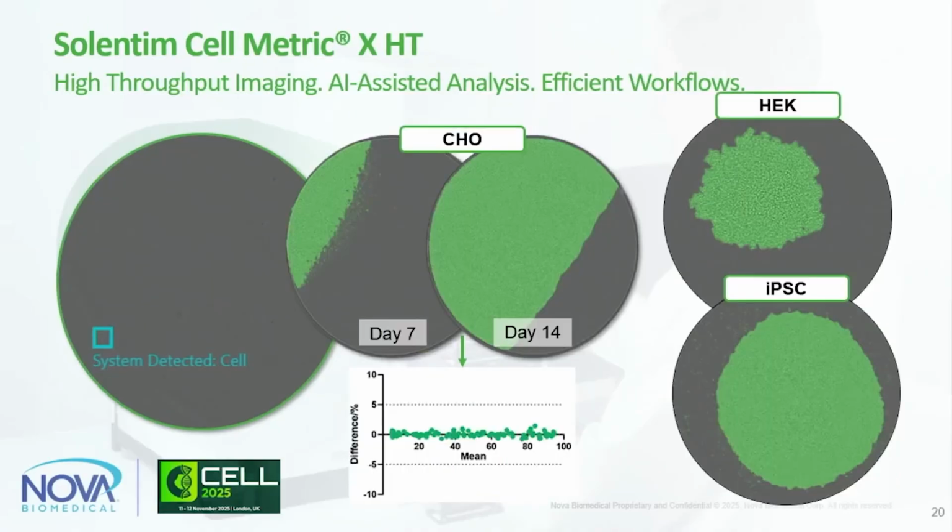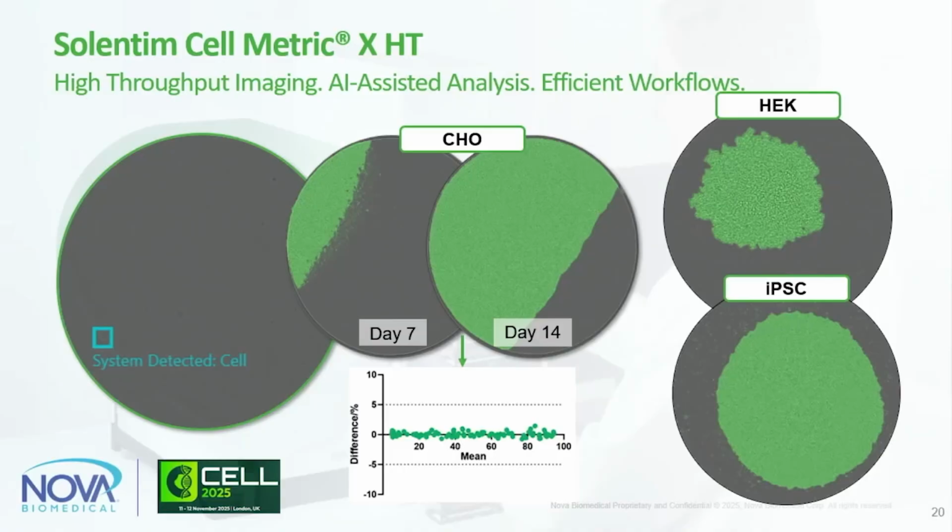So the second neural network on the Cellmetric X measures the colony outgrowth accurately and efficiently from day one onwards. So it uses whole well imaging with AI, and it's applying a green overlay on the colonies to track that colony growth.